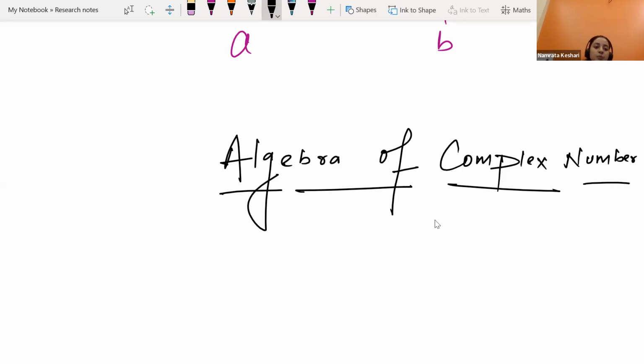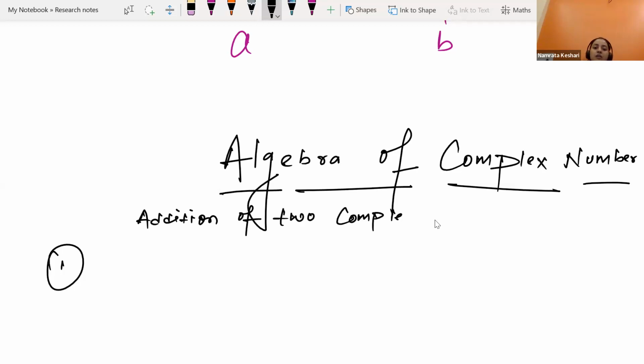So the first property is in terms of addition of two complex numbers. At first, we will talk about all the properties with respect to addition.